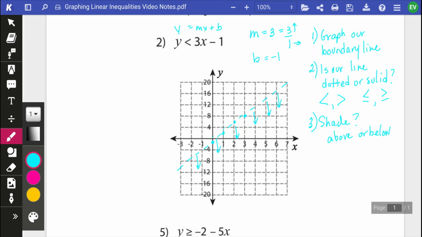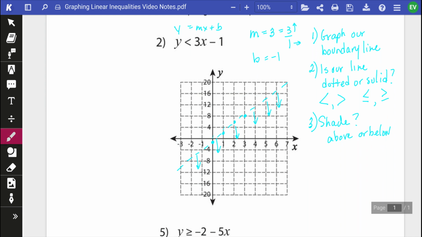Before we actually shade, let's do a test point. You can pick any test point that is in your solution set, because that'll tell us whether or not to shade that part. I'm going to choose the test point 2, 0. Remember, every point has an x and a y.